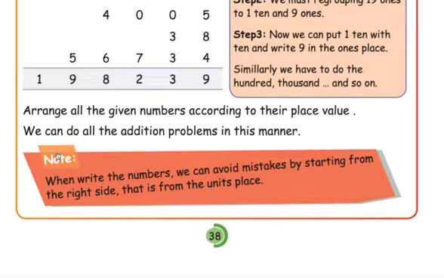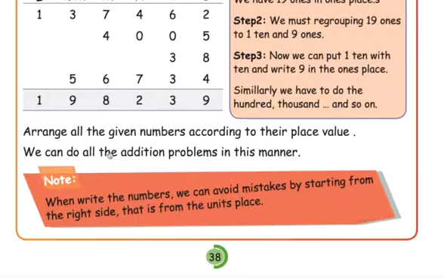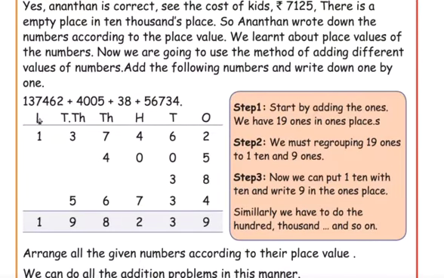When writing the numbers, we can avoid mistakes by starting from the right side, that is, from the units place. While writing numbers, this is what he is suggesting, to write the ones first. This avoids mistakes when you have different numbers of digits.